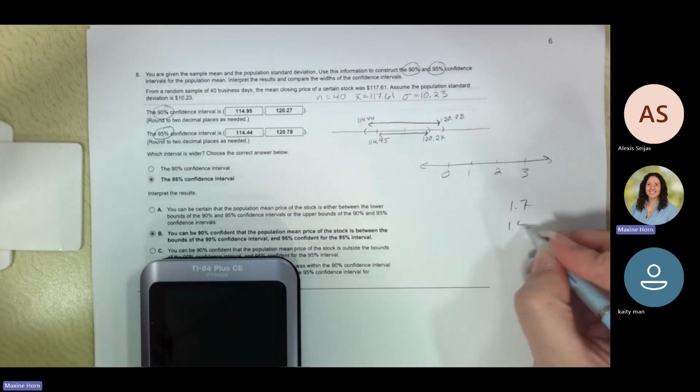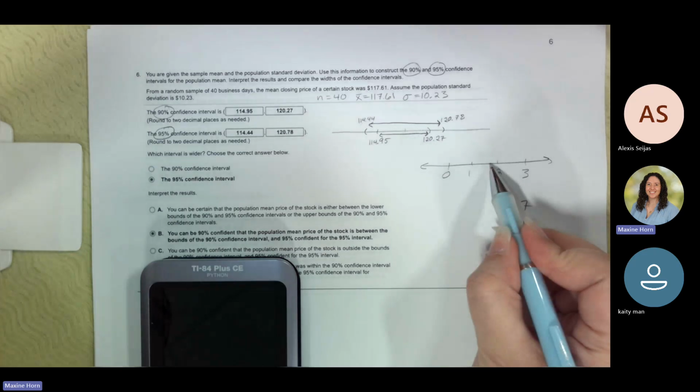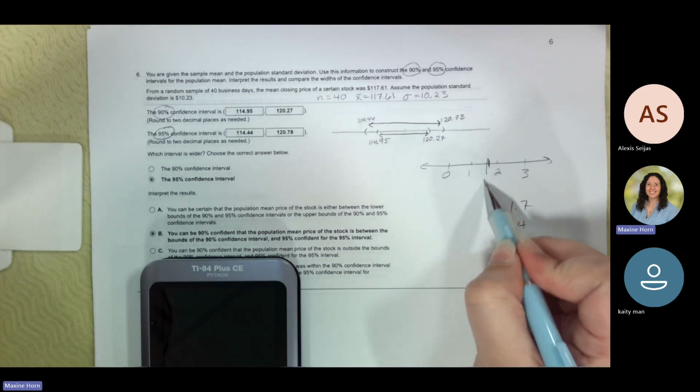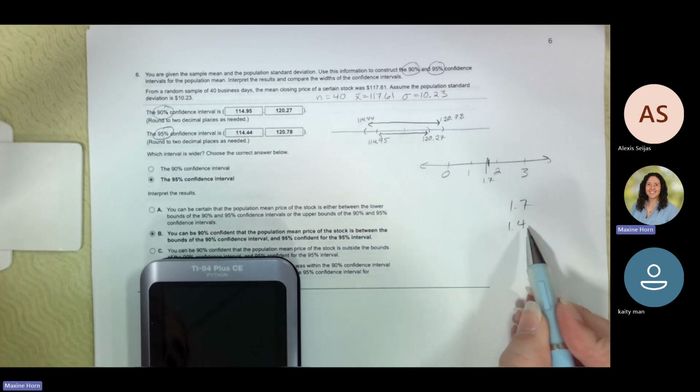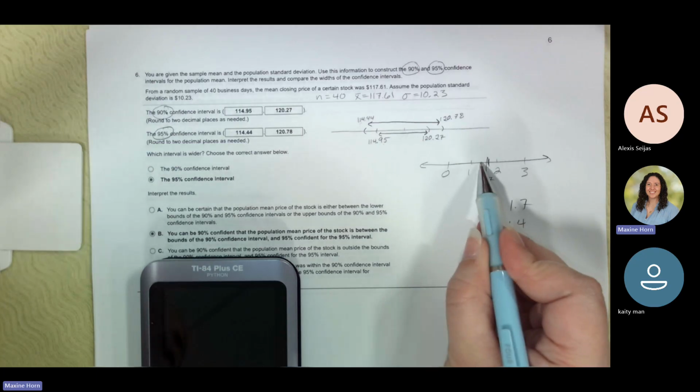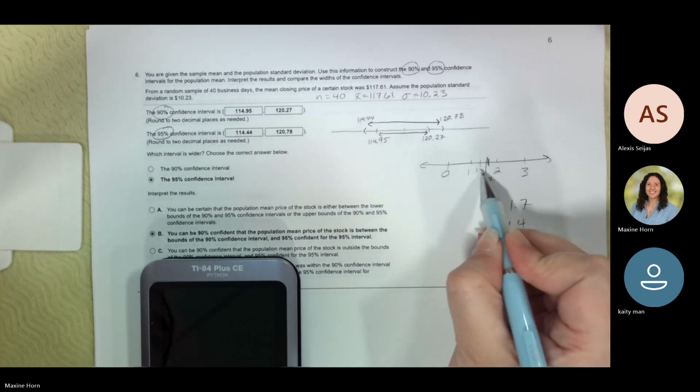If I told you to plot 1.7 as compared to 1.4, 1.7 is going to be somewhere about there. But for 1.4, I really just need to know where it is in relation to 1.7. This is a smaller number than this, so it's going to be to the left because it's smaller, right?